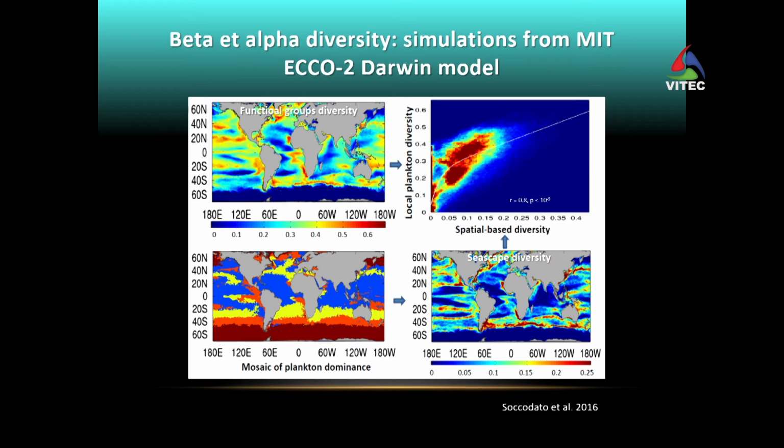If we calculate the same as what we could see by satellite in the model, we have this picture here, and here we can see where the hotspots of biodiversity are. So the relationship is holding, and we can actually identify where the hotspots are in this region.